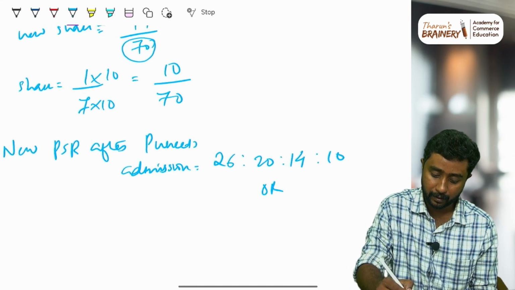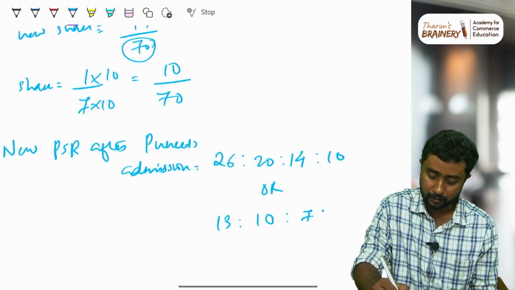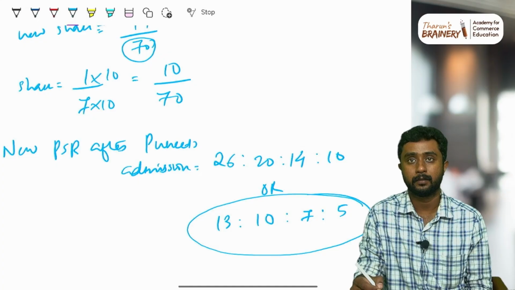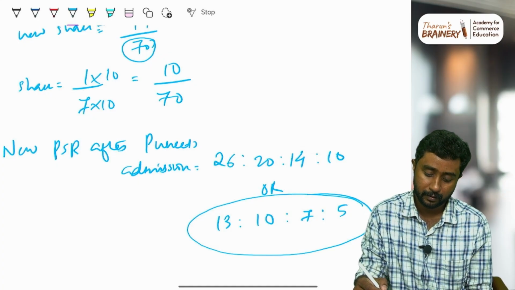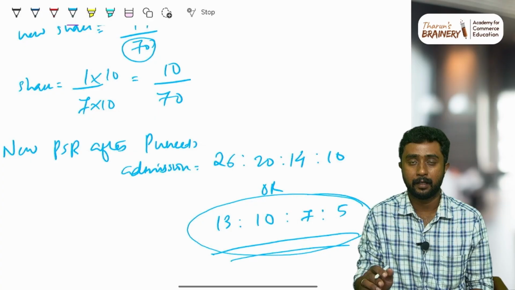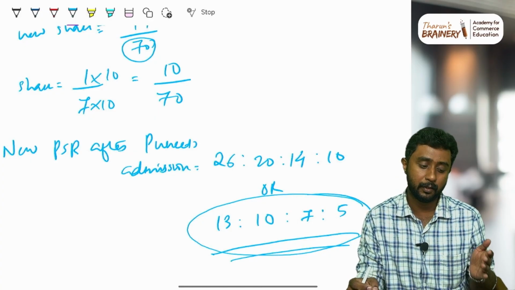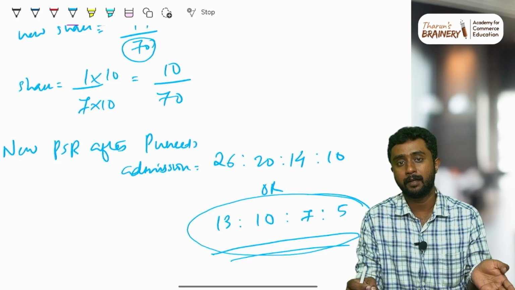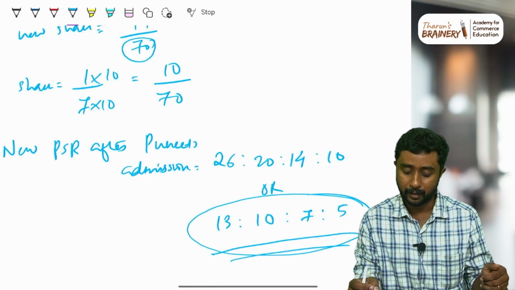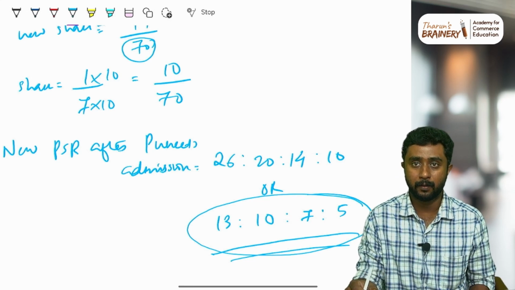Again we can make it short: 13 is to 10 is to 7 is to 5. This is the ratio. So that is how you have to calculate. Here what did we do? We have calculated the profit sharing ratio in two situations. One is after admitting one partner, and again after some time if one more partner gets admitted. This is how you have to calculate it. I hope I made the concept clear.